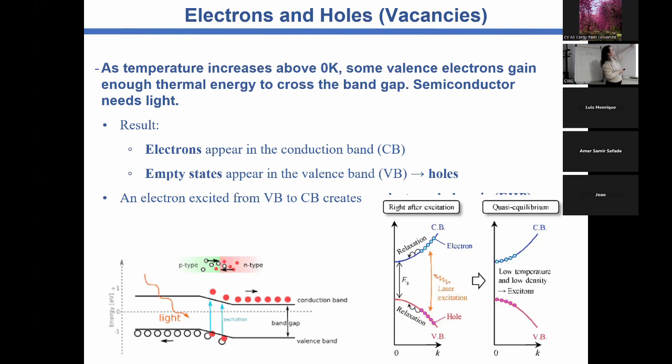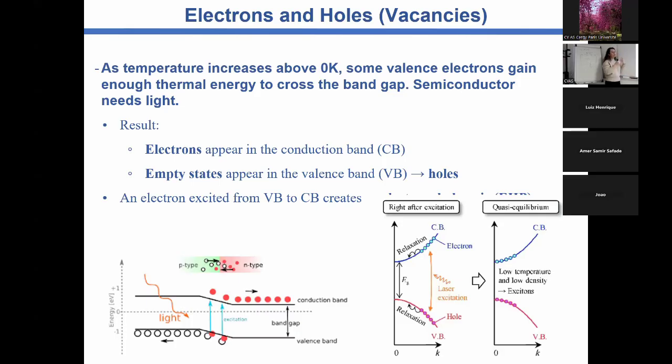So in terms of the holes, the electrons go to the higher energy, and the lowest state will be empty, and we call this empty state in the valence band a hole. So the electron appears in the conduction band, and the empty state appears in the valence band, which we call a hole.